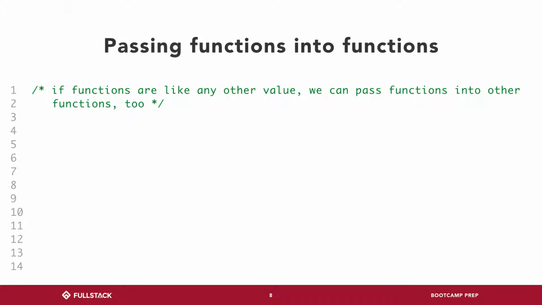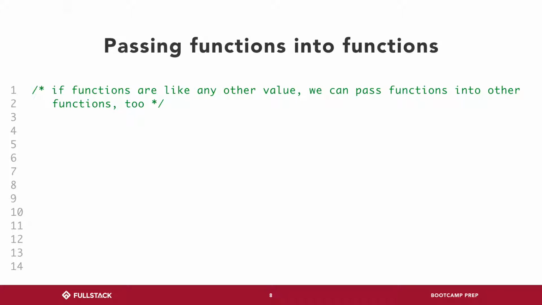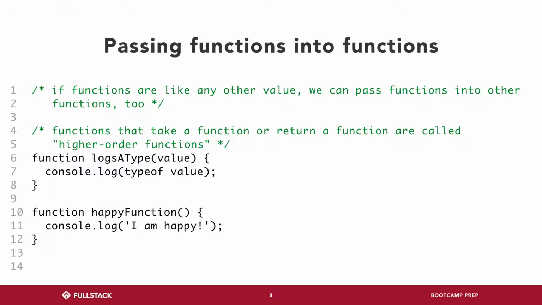And just like how we can pass strings into an argument of a function, we can pass other functions. This gives us a lot of flexibility, because now we can pass functions into other functions and call them whenever we want.